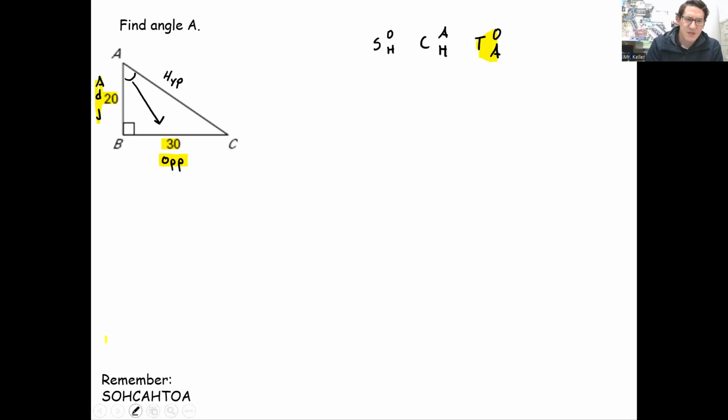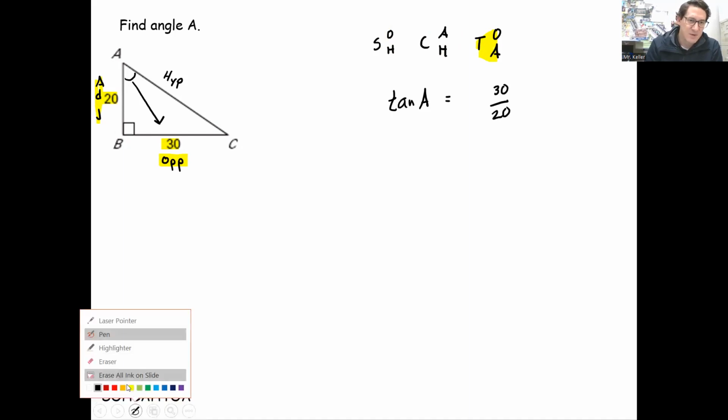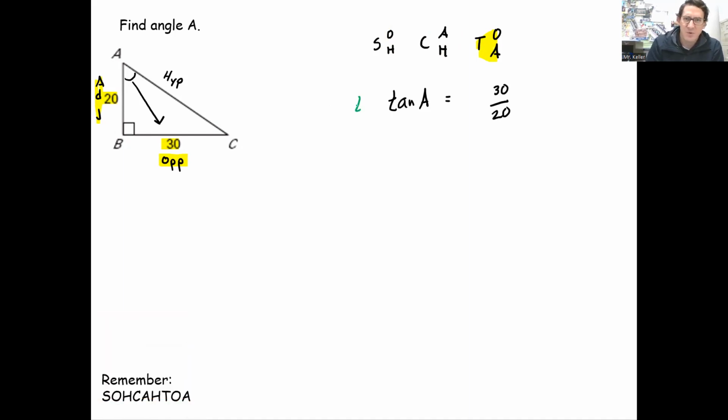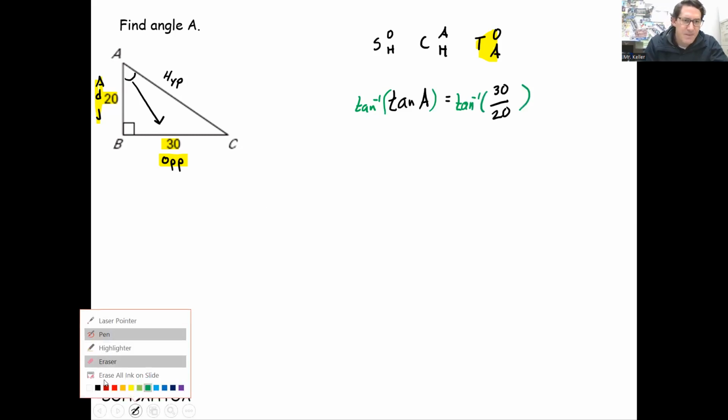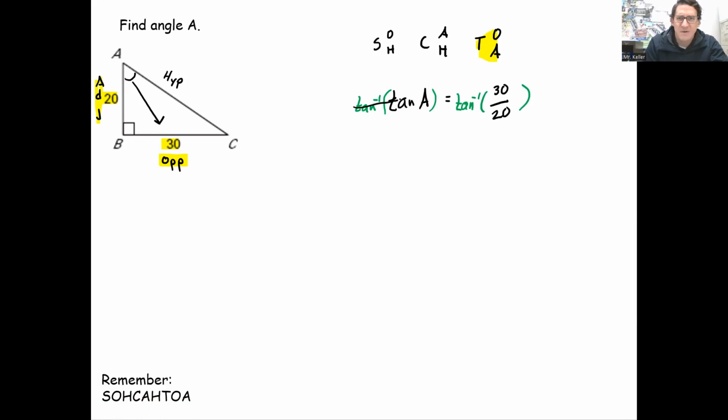So tangent of A, the angle we're looking for, is equal to opposite 30 over adjacent 20. I'm giving myself some space there so I don't have to rewrite it, because to solve this, I'm going to do the inverse tangent of both sides. The tangent and inverse tangent cancel out.